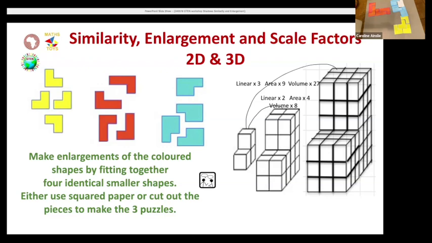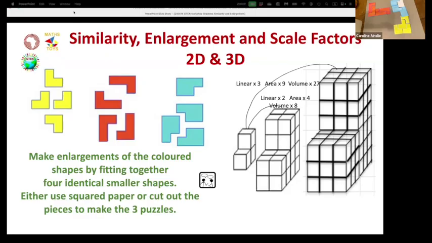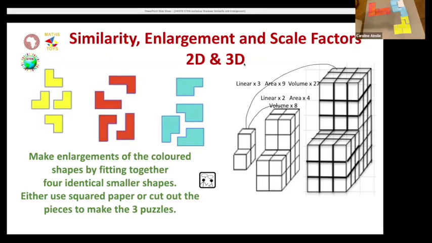The middle one has 3 blocks of 8 cubes in them. So that's 3 8s of 24. And the one on the right has 3 blocks, but each of those has 27 small cubes in it, and that makes 81 altogether. 3 times 27 is 81. We said that the linear scale factors, the edge lengths, are doubled and trebled. What about the area and volume scale factors?